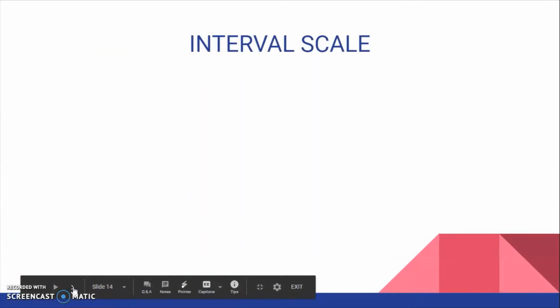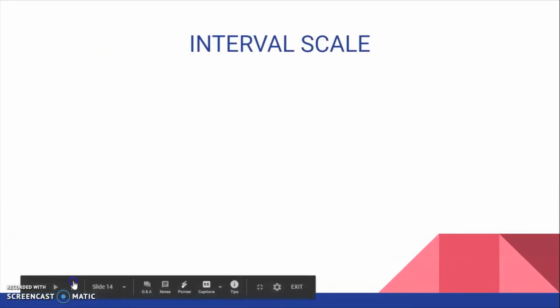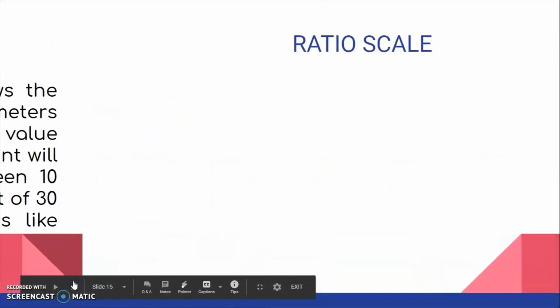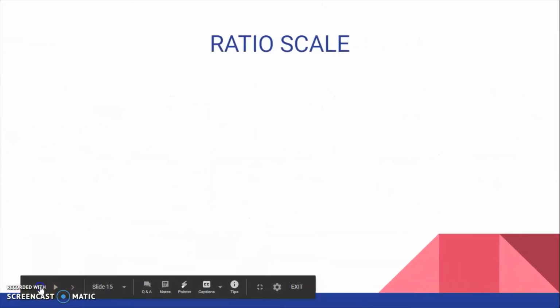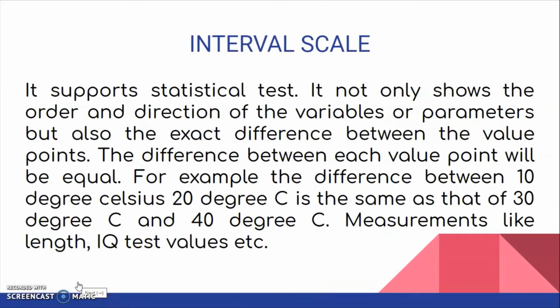And the other one is the interval scale. Let us see what an interval scale is. It supports statistical tests. It not only shows the order and direction of the variables or parameters, but also the exact difference between the value points.